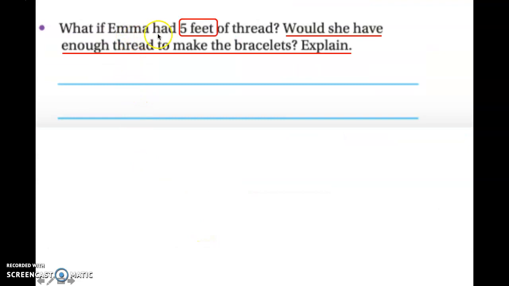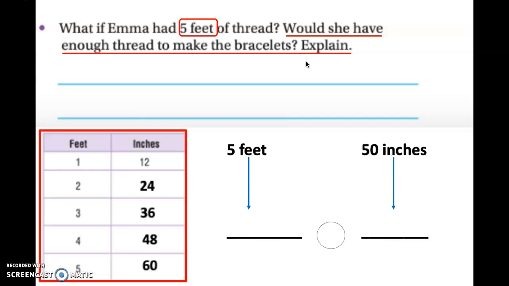What if Emma had 5 feet of thread? Would she have enough thread to make the bracelets? Explain. I'm going to use the table I created. You'll notice my table still has feet and inches. And I'm going to compare 5 feet to 50 inches. Let's take a look at 5 feet.